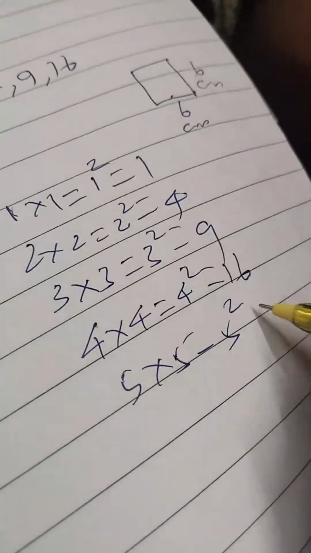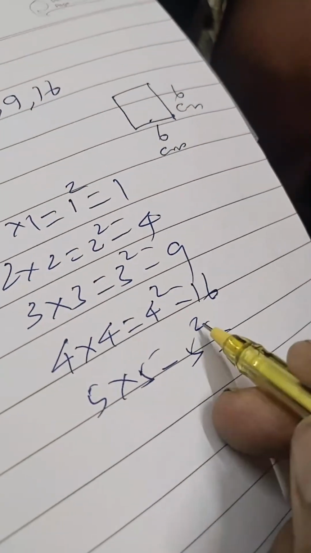To show square, we write 5 to the power 2.